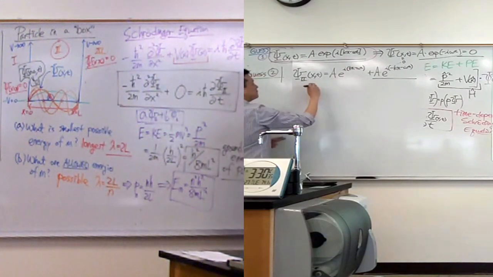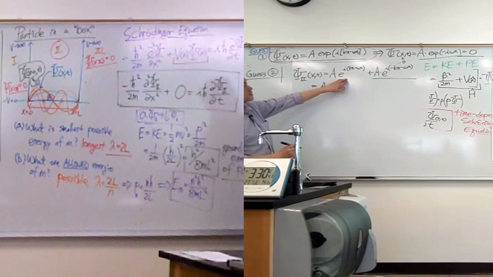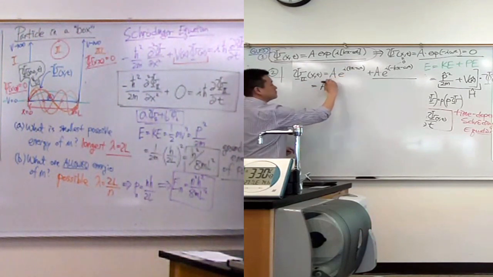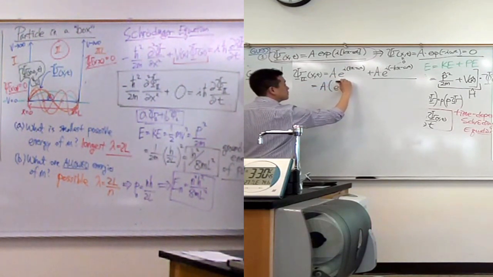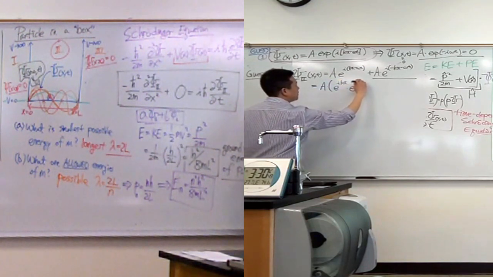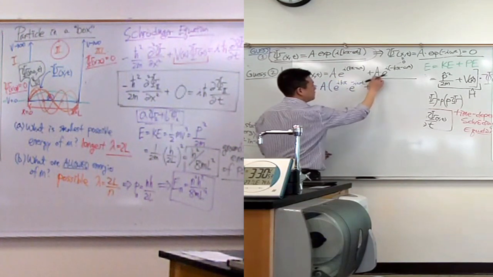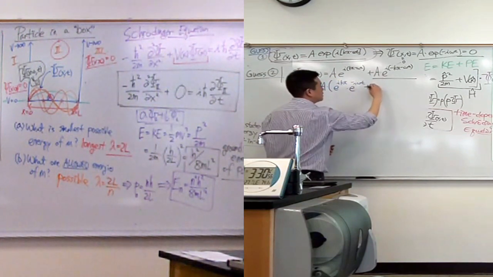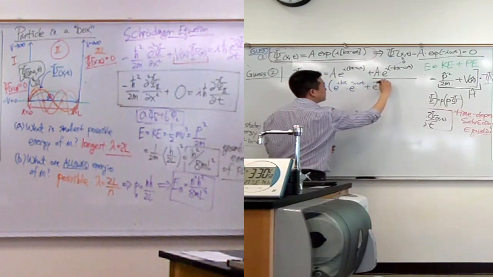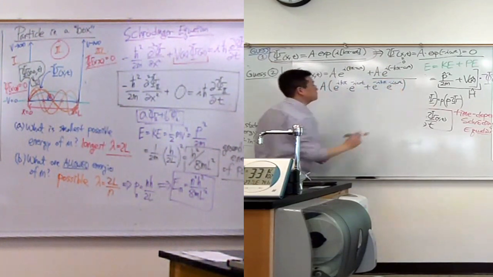I'm going to factor out A. So I have A times, I'm going to write this out, e to the i kx, multiplied with e to the minus i omega t, plus, with A factored out, e to the minus i kx times e to the minus i omega t.